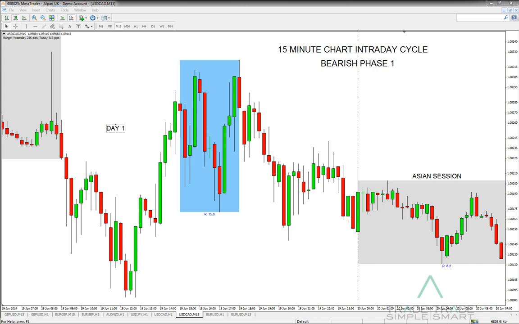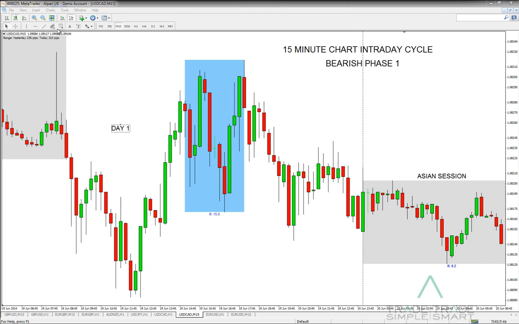So immediately we're going to mark off the current day's Japanese session highs, because this is a prominent level of resistance that many retail traders will be watching. And then we're going to look for other obvious points of resistance, which once broken will induce retail traders to buy into the market.